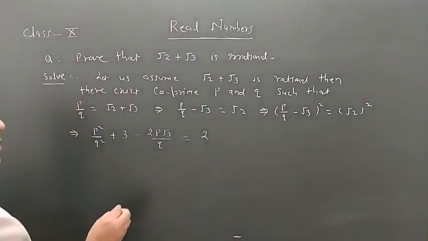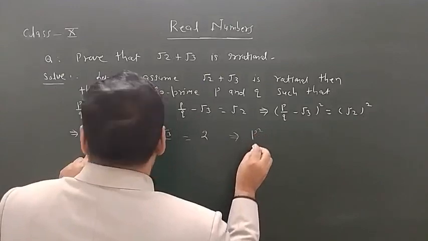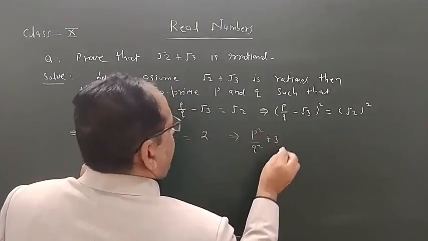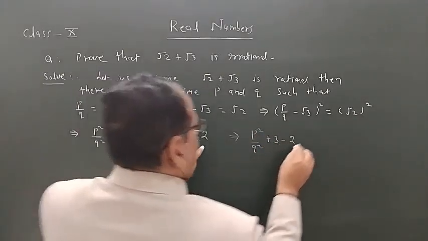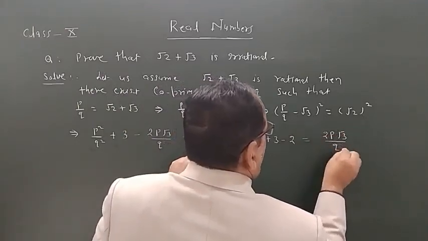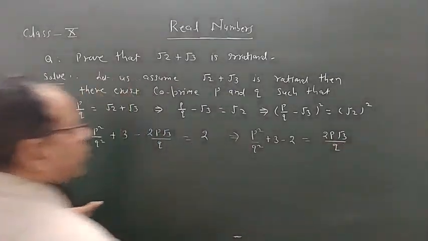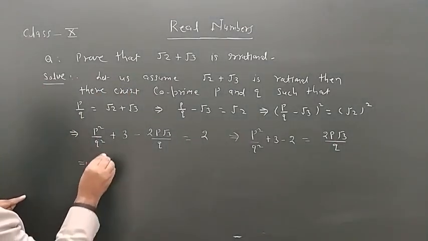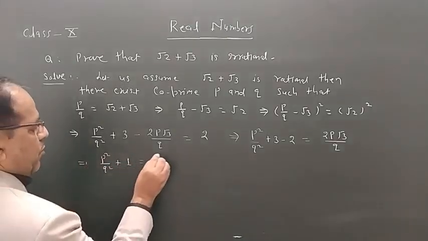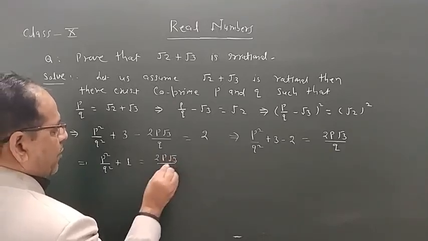In the next step, we have p square upon q square plus 3 minus 2 equals 2p under root 3 upon q. Again, p square upon q square plus 1 equals 2p under root 3 upon q.